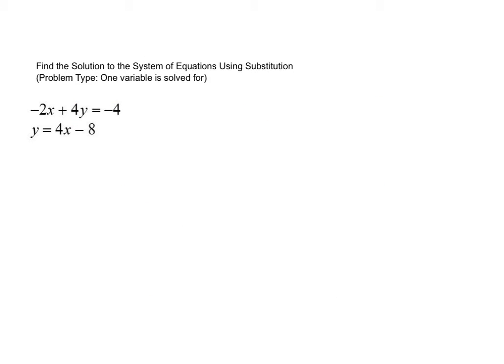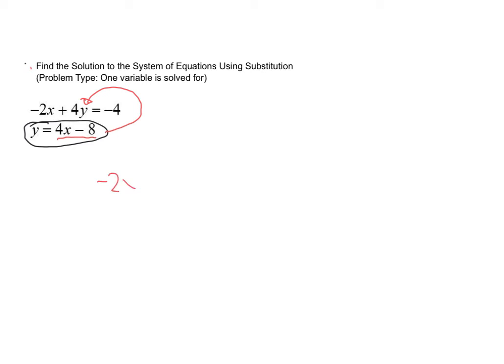This last example has a little more work because now I have a full-on equation in slope-intercept form. So once you know which of your equations has an isolated variable, you would take that value of whatever y equals, and everywhere you see y, replace it with that expression into your second equation.